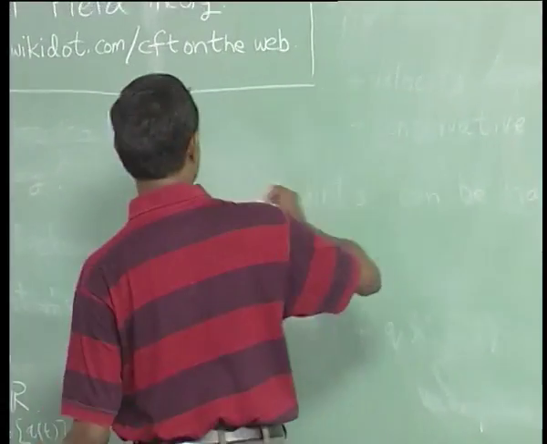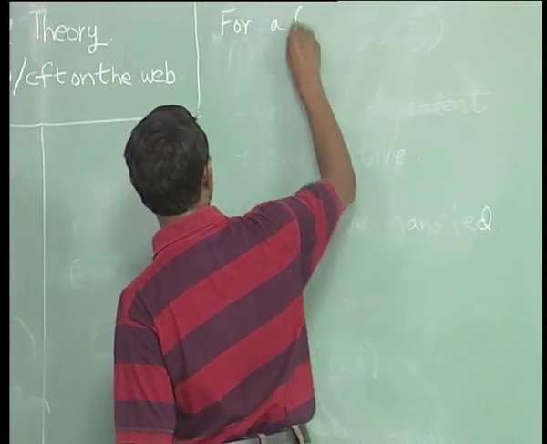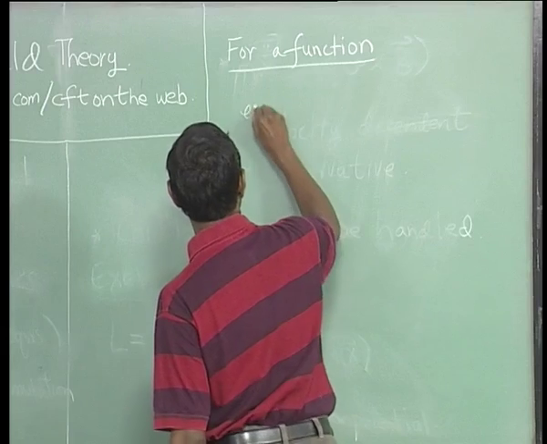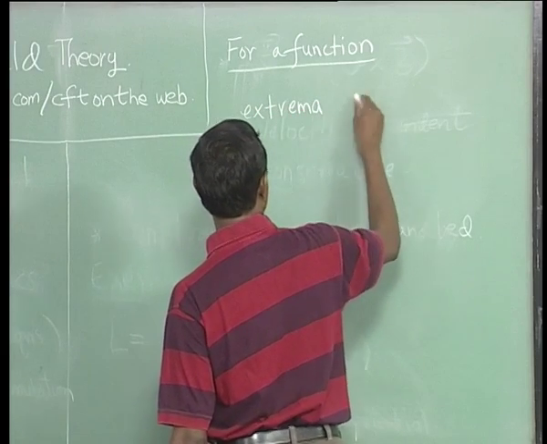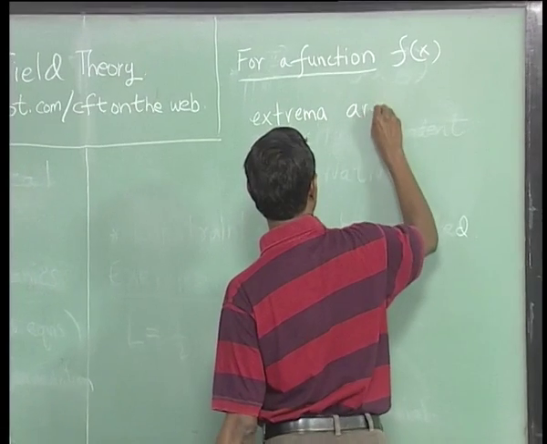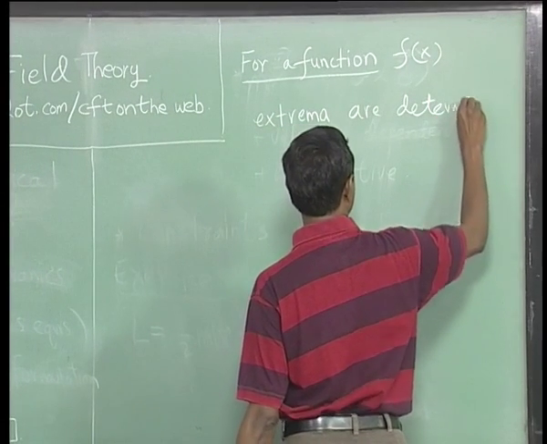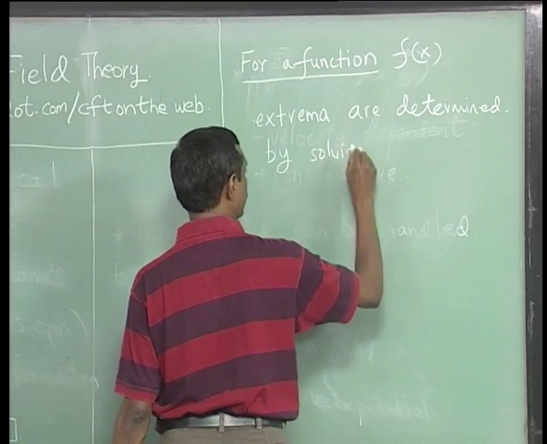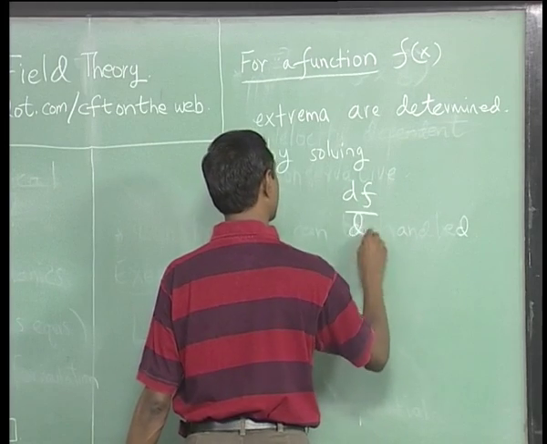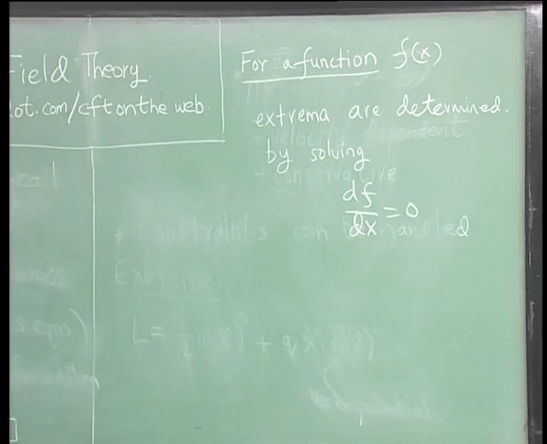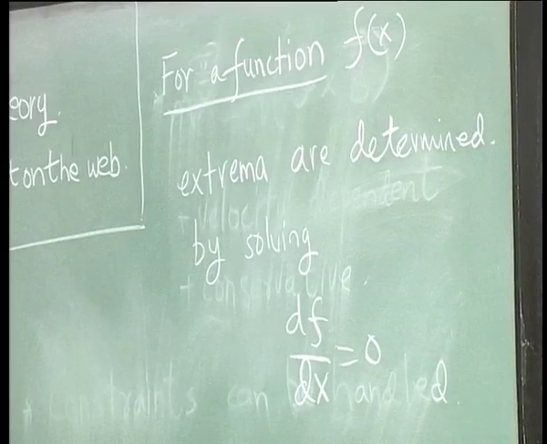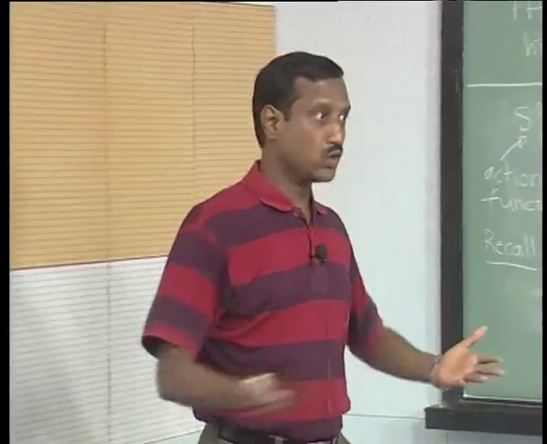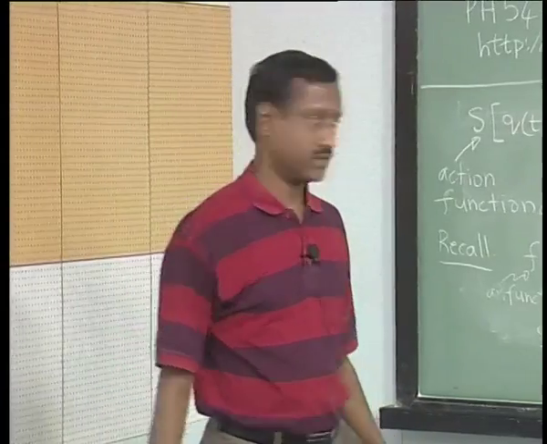So, the extrema of a function f of x are determined by solving df by dx equal to 0, and then you use the second derivative to determine whether it is a local minimum or a local maximum. Global would require you to compare across these things. Okay.